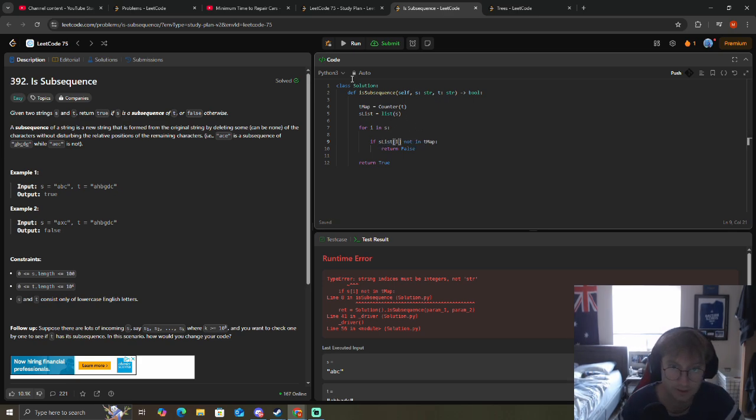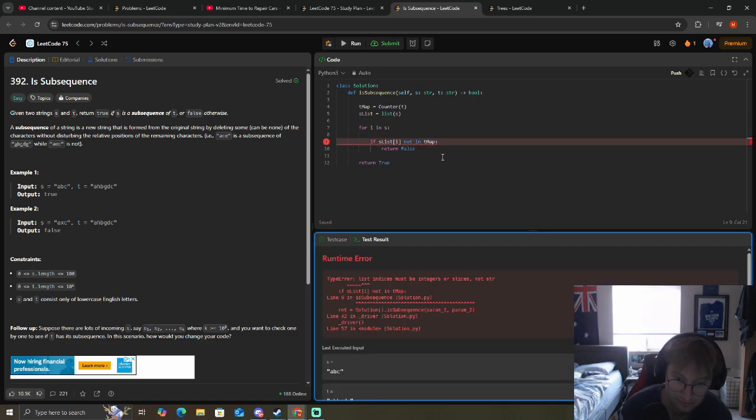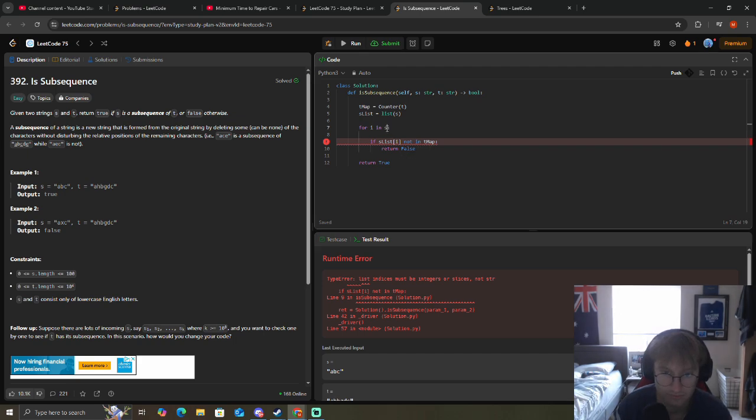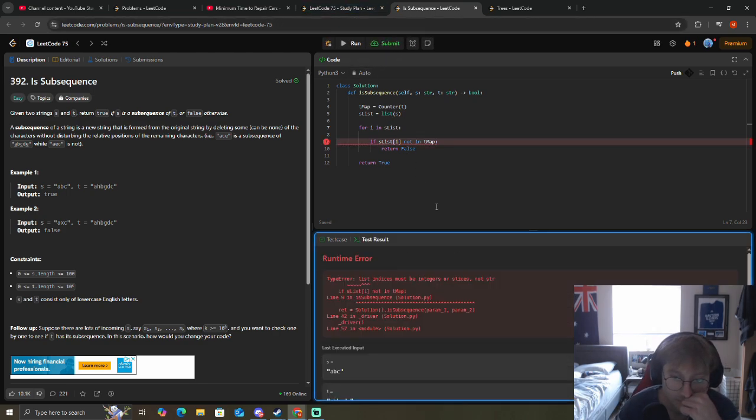S list I in T map. Dot string. List indices must be integers, the slice is not a string.